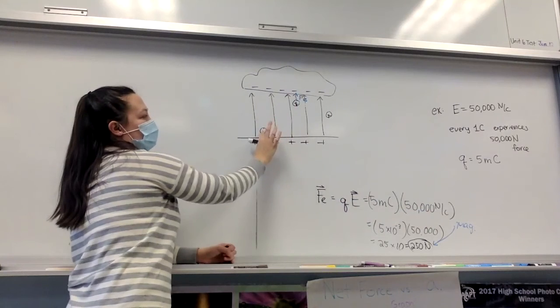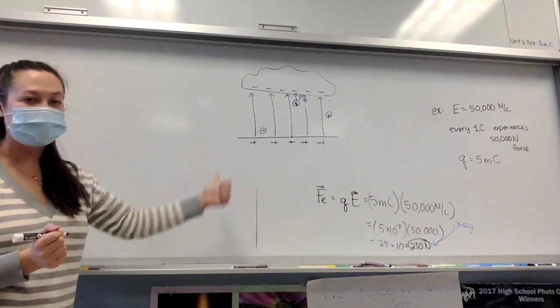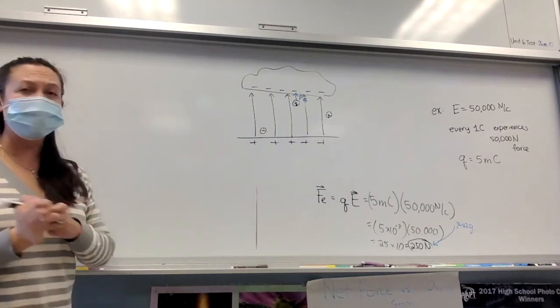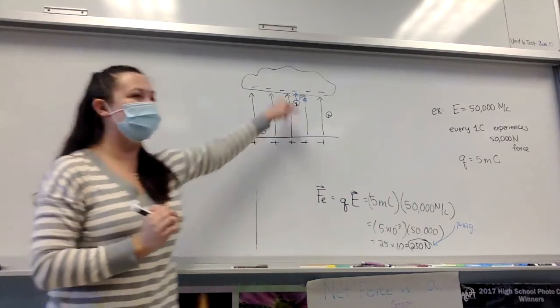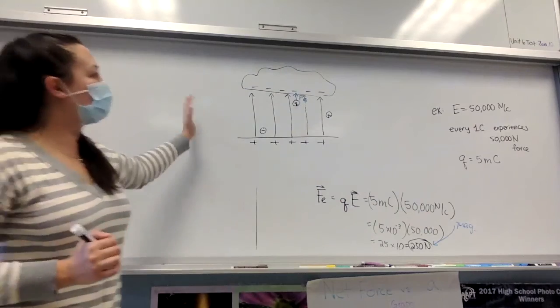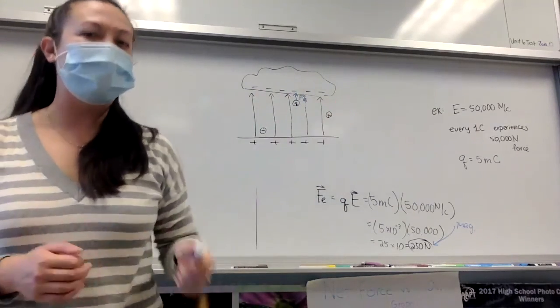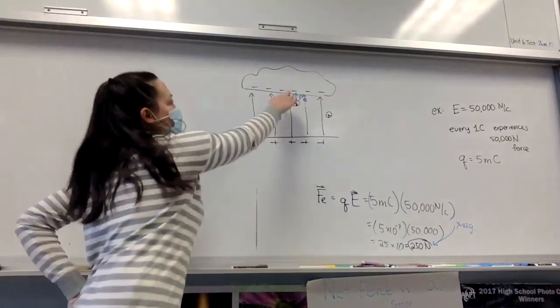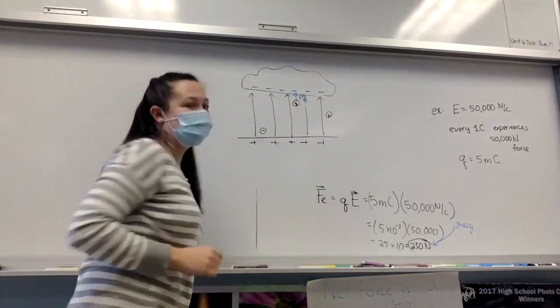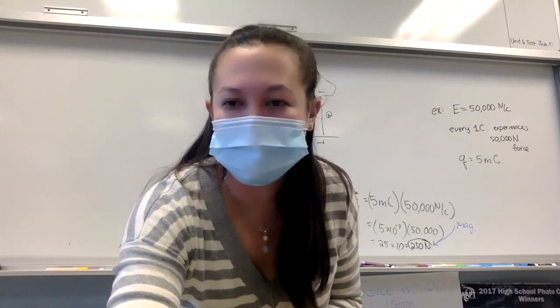But if I made this one negative, it would go down because it's attracted to the positive plate. So be careful on the directions, follow your positives and negatives wherever they need to go. And then the other trick is that everything in this field has the same value for field. You wouldn't have to change it because it's up or down or left or right. Okay, so let us go try this.